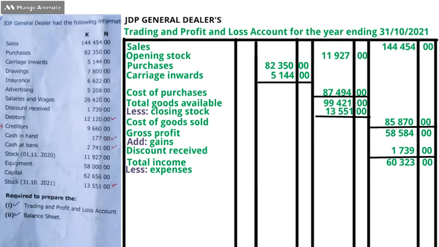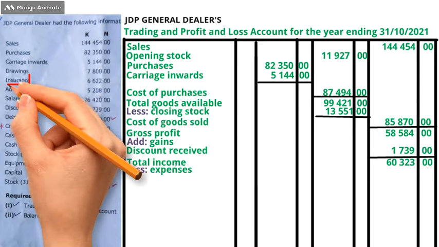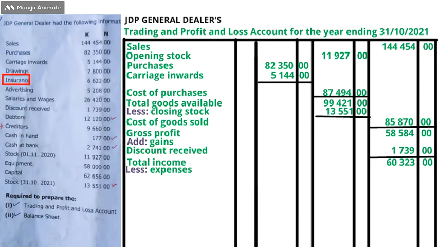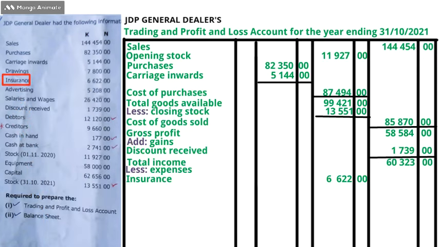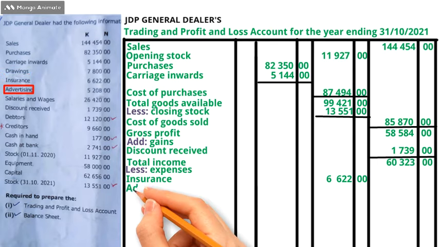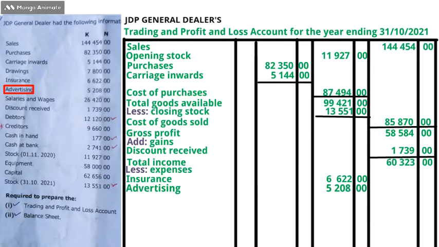We deduct expenses. The expenses that JDP incurred are, one, insurance, which is 6,622. Then they also advertised, which is 5,208.